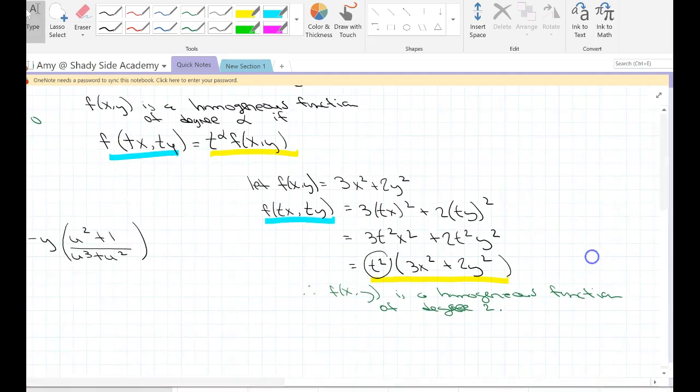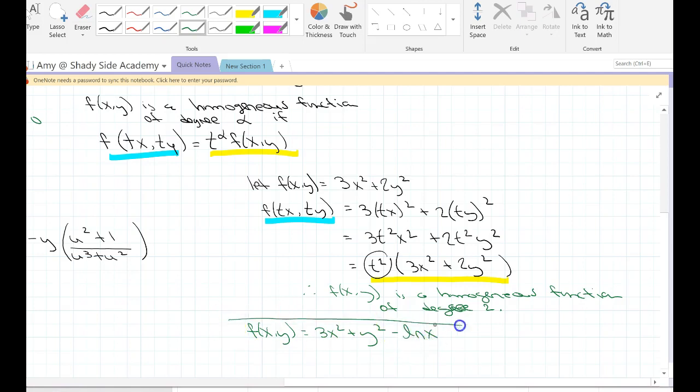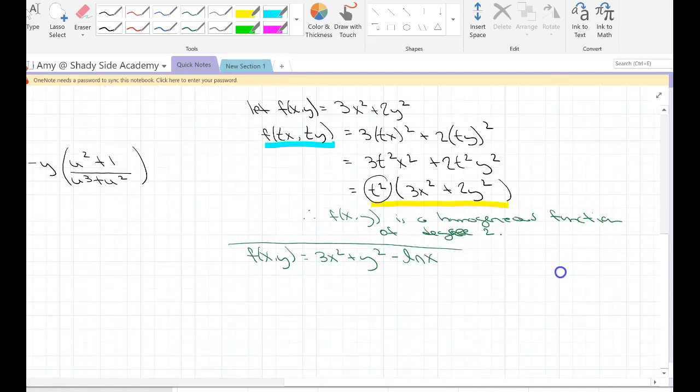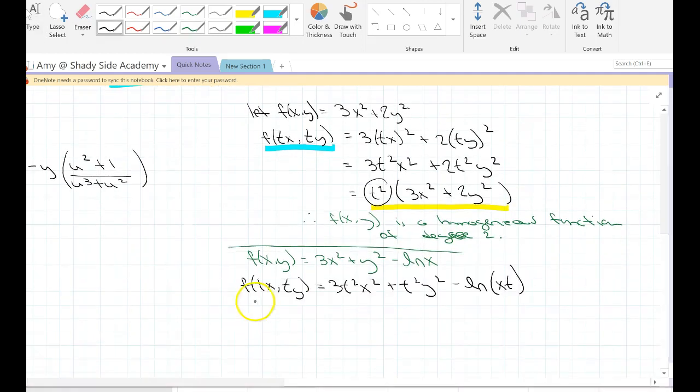Maybe you're wondering, when would a function not be homogeneous? How about this one: let f of x,y equal 3x squared plus y squared minus natural log of x. Go ahead and show that this function f of x,y is not homogeneous. Notice the question is, what would f of tx comma ty be?